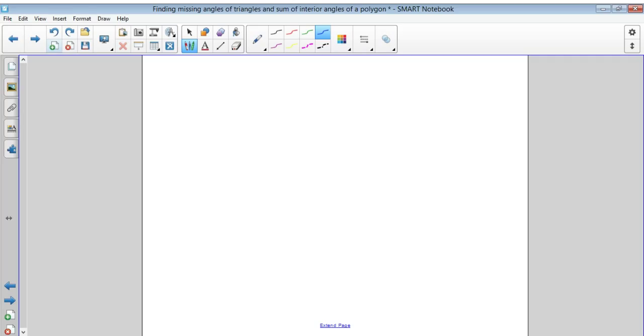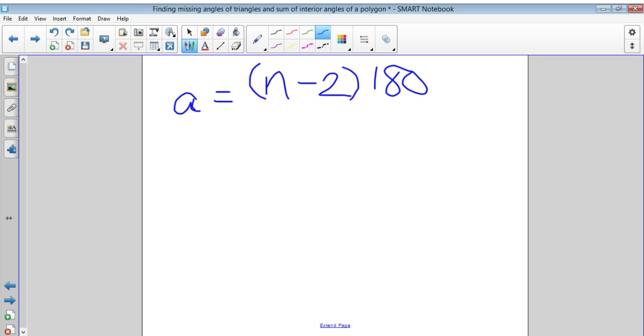We'll just call that A. Angle A of a regular polygon is equal to the number of sides minus 2, right? This tells us how many triangles there are in the polygon, times 180 tells us the total number of degrees in the polygon, all divided by n, the number of sides, because the number of sides is equal to the number of angles.